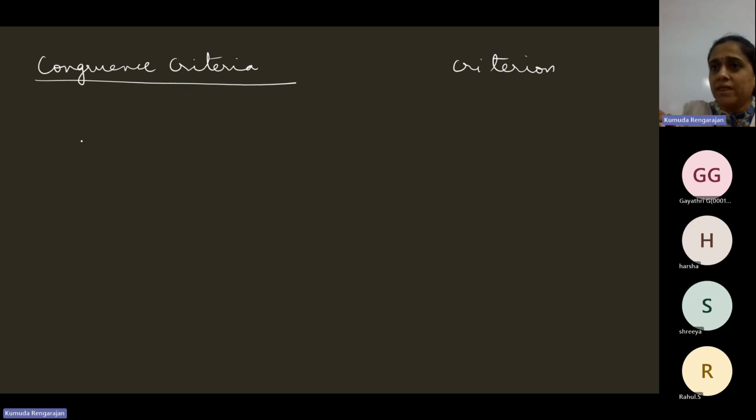Equalities can be pairs of equal angles or pairs of equal sides: one angle equal to another angle, or one side equal to another side. So like this, you need to have three equalities. That is the minimum you need to show that the triangles are congruent to each other.